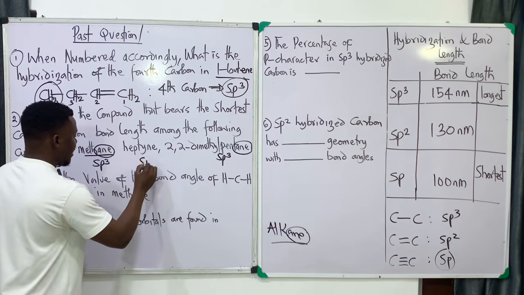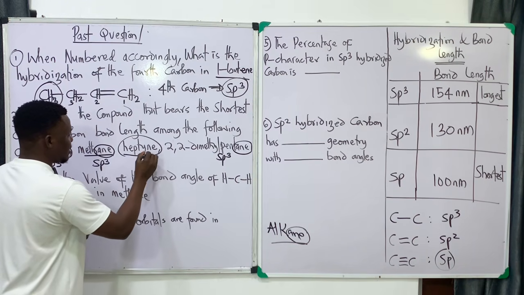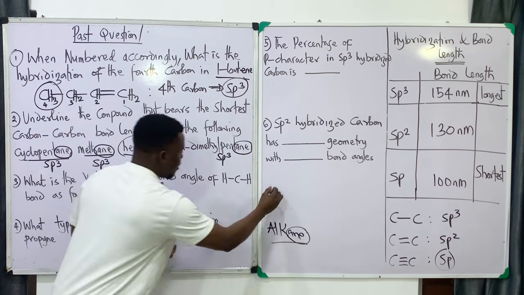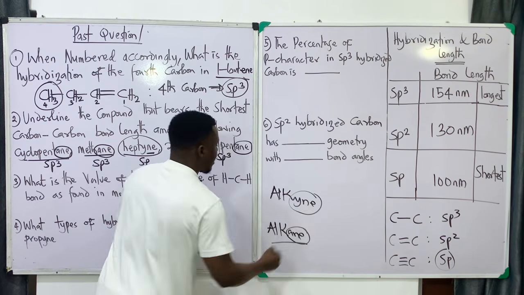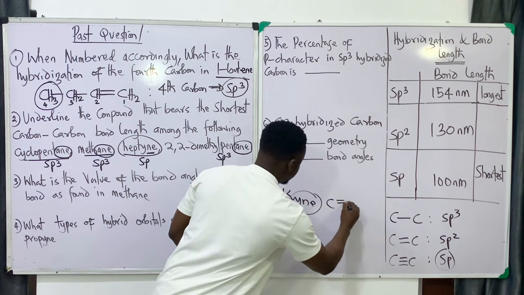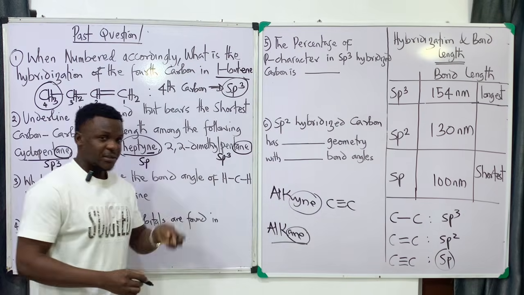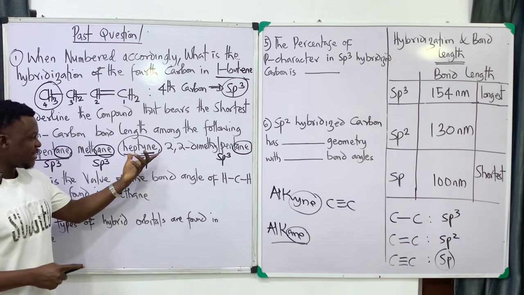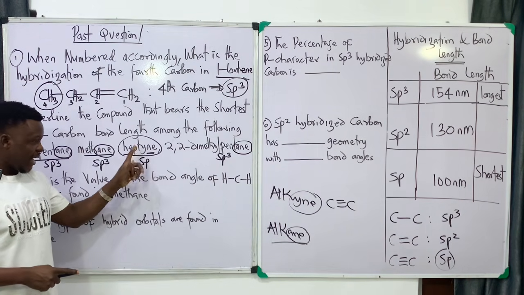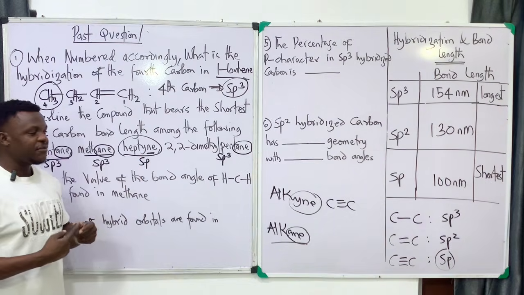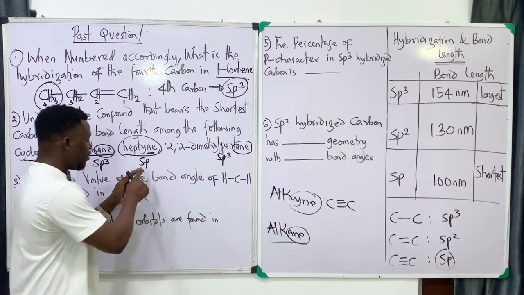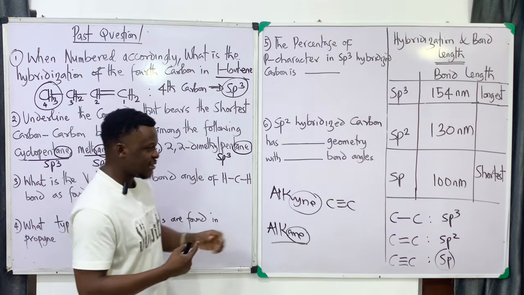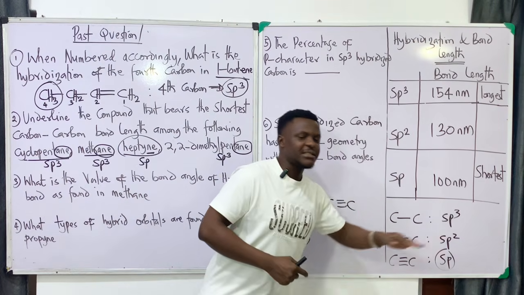Now this is sp because it ends with yne. An alkyne is a carbon triply bonded to another carbon. So this is an alkyne, this is heptyne. Alkynes' hybrid orbital is sp, and sp has the shortest bond length.